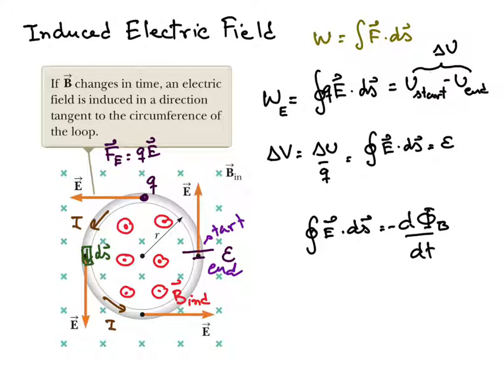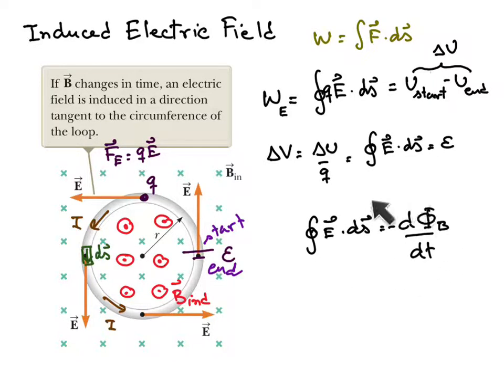And from Faraday's law, we know that the EMF is equal to minus dΦB by dt. Okay, so we can relate the electric field and the change of the magnetic field or change of the magnetic flux like this.